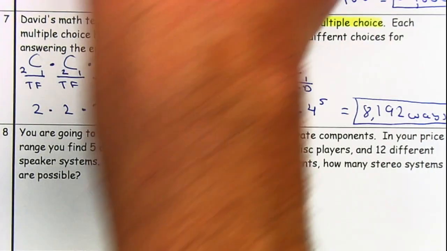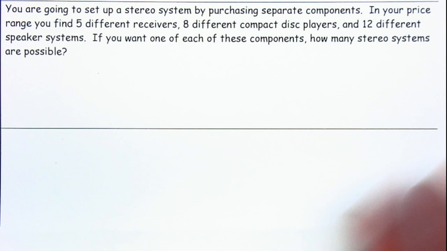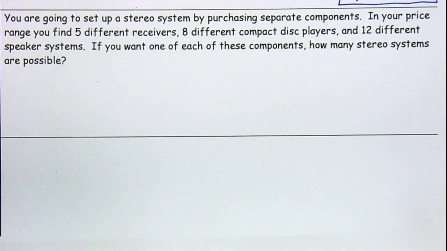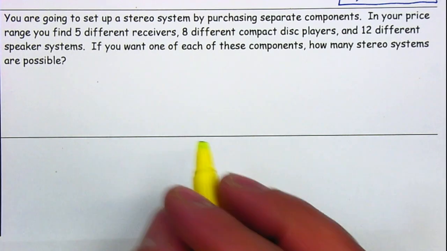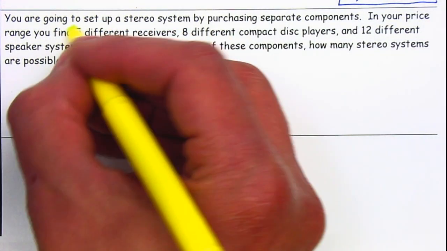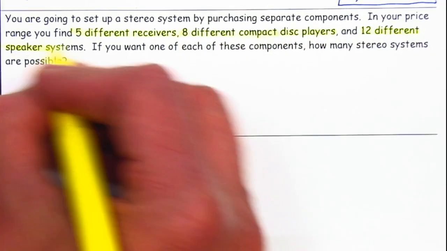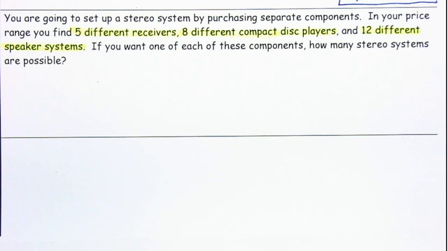Now, example number 8. Let's go and read it together. You are going to set up a stereo by purchasing separate components. In your price range, you have 5 different receivers, 8 different compact displayers, and 12 different speaker systems. If you want one of each of these components, how many different stereo systems are possible?